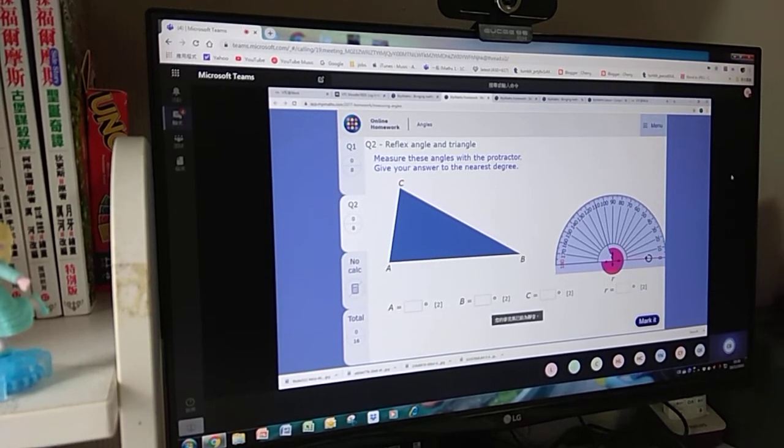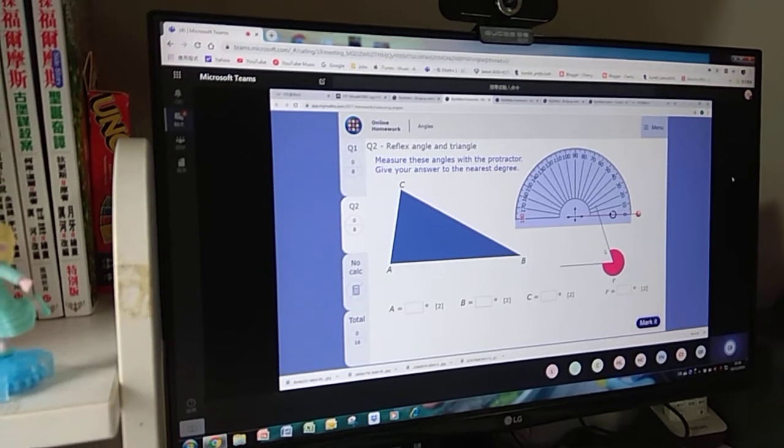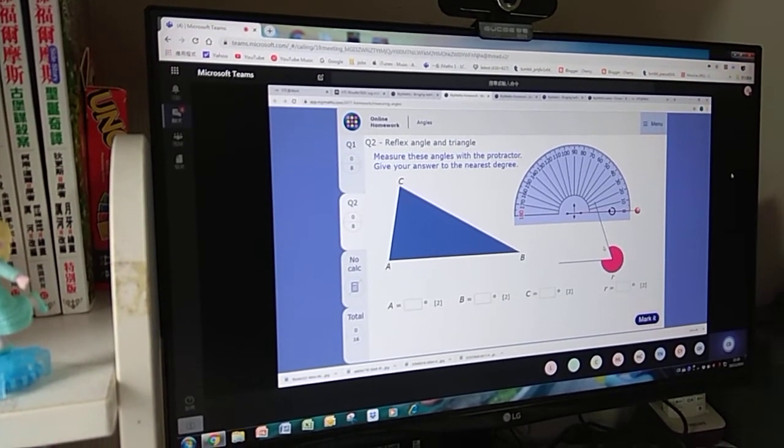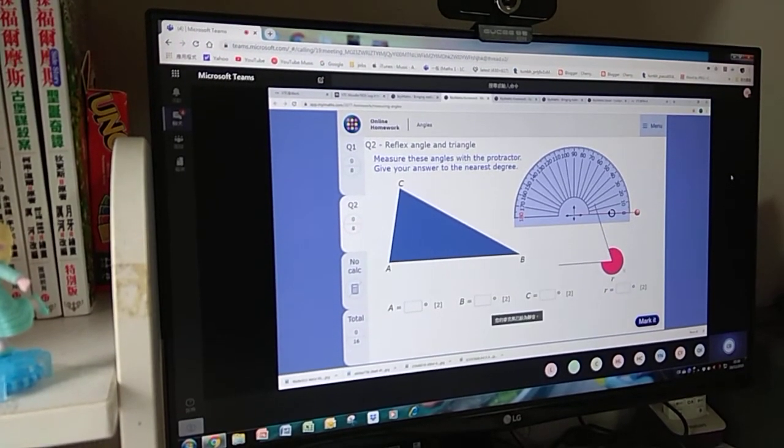So actually, the internal angle should be 180 minus 110, which is 70 degrees, and then the external angle, the outside angle, that is the angle with the color one, should be 360 minus 70, that is 290. Okay.